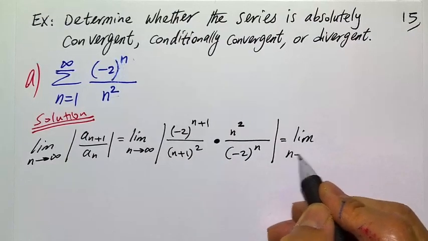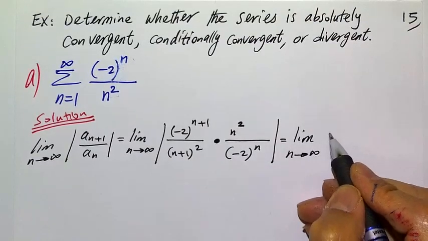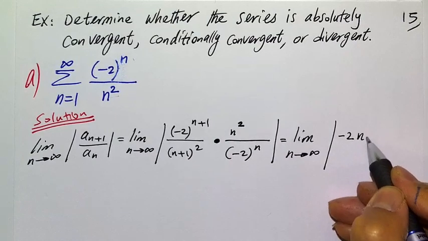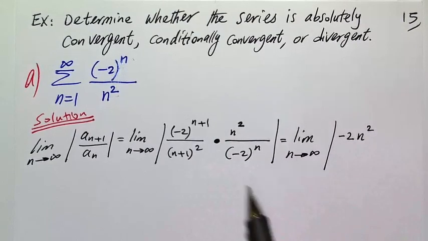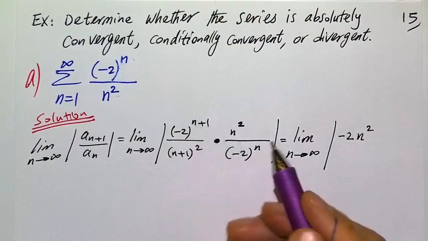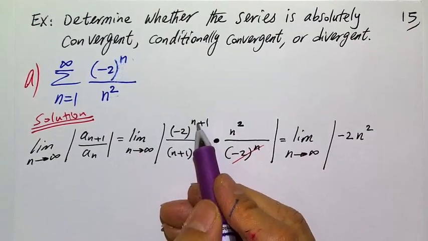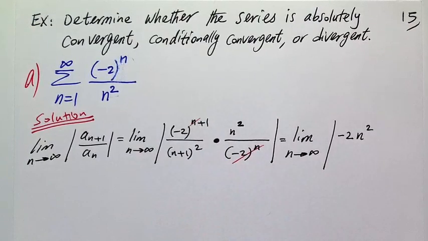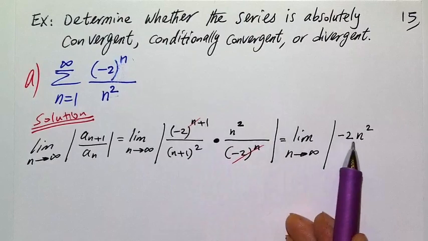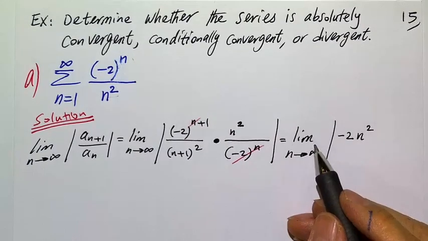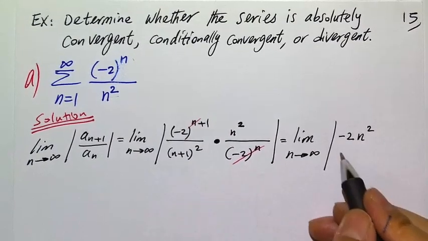So the limit as n goes to infinity, and then we have minus 2 times n squared. And then minus 2 to the first power is that. And then, of course, n squared stays, and then divided by n plus 1 squared.